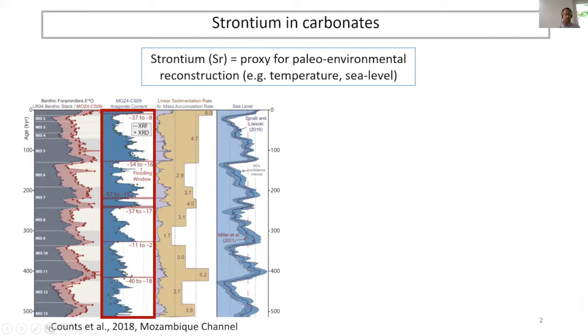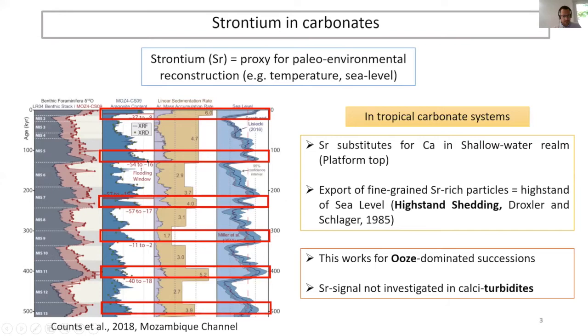And I have here an example from Counts et al. 2018 in the Mozambique Channel, where they studied the strontium content and aragonite content in a deep sea sediment core to reconstruct sea level. As you can see, the excursions of high strontium values correspond to high sea level.